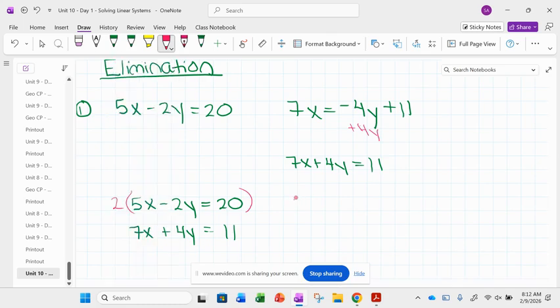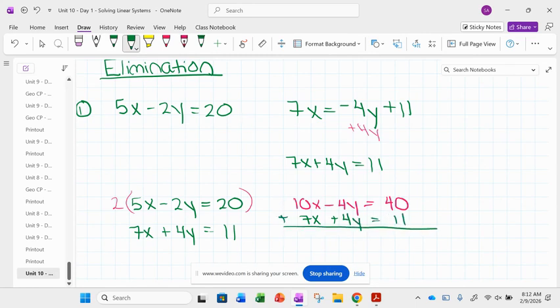And we are going to get 10x minus 4y equals 40. Don't forget to multiply that 20 by 2 also. And in the bottom equation, we stay with the 7x plus 4y equals 11.